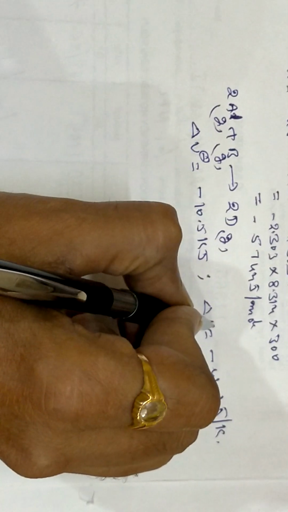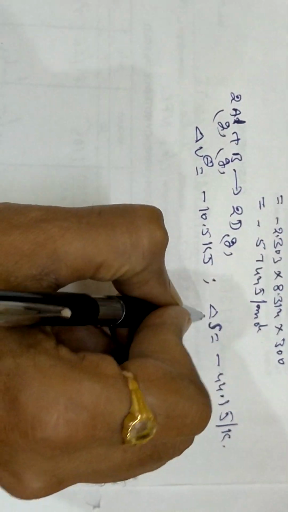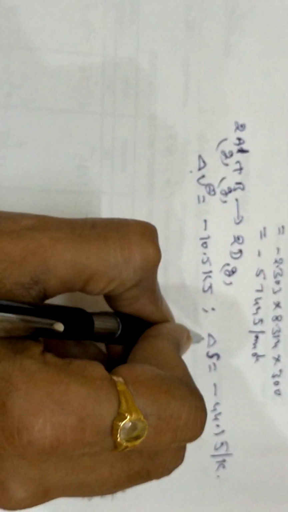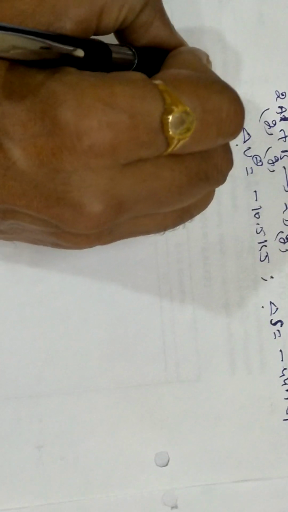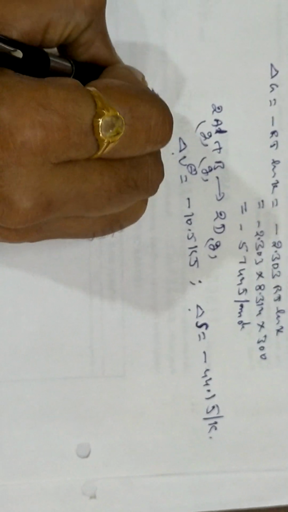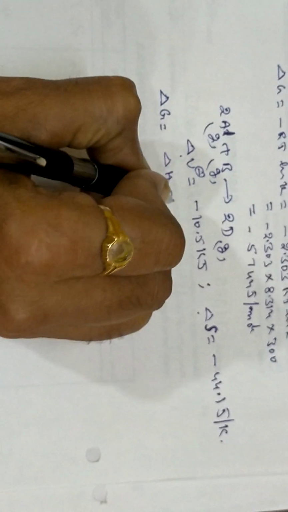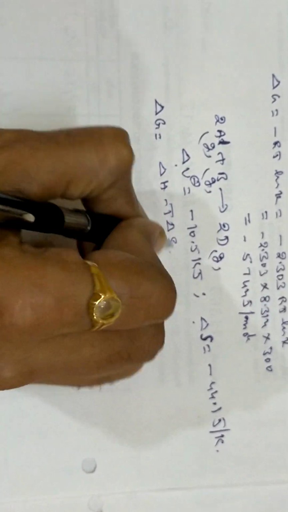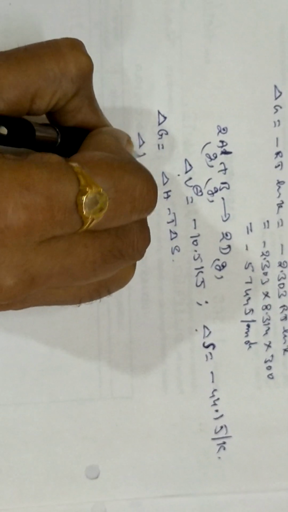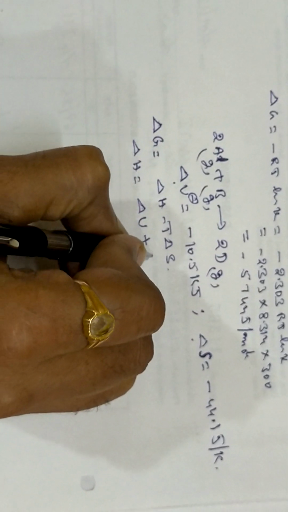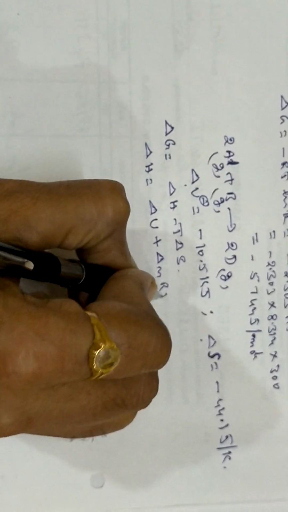In a small question like this, by seeing delta S is minus 44 you can say, but one has to calculate the entire thing. Now delta U is given, delta S is given, delta G is asked. We know delta G equals delta H minus T delta S, and delta H equals delta U plus delta n RT.